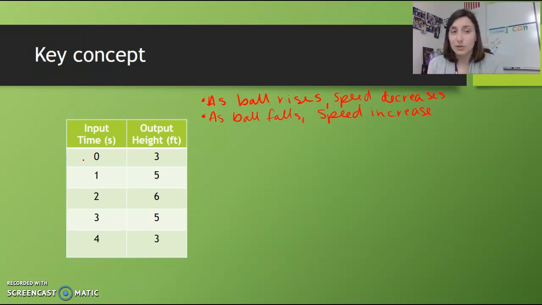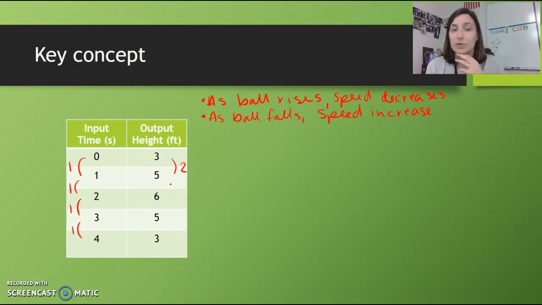From 0 seconds to 1 second is a difference of 1, right? And from each of these, we're just increasing by 1 second. But when I look at my height, from 0, I'm at a height of 3 feet. We must be starting off pretty low. So we have a height of 3 feet, and we're going to 5 feet after 1 second.